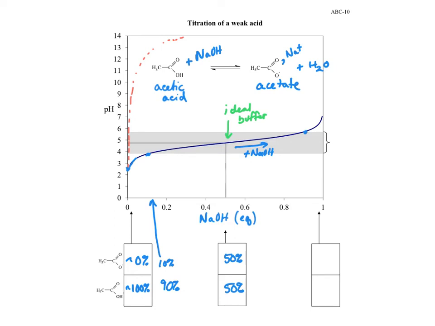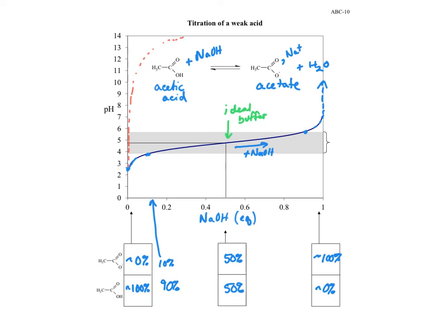And at that point, it gets harder and harder to neutralize things, and eventually the addition of sodium hydroxide kind of shoots the pH up because you can't neutralize things anymore. Eventually, you get to the point where it's essentially all converted to acetate, and there's very little or none left as acetic acid. At that point, you have lost the ability to keep the constant pH. Okay, that's what a titration looks like.